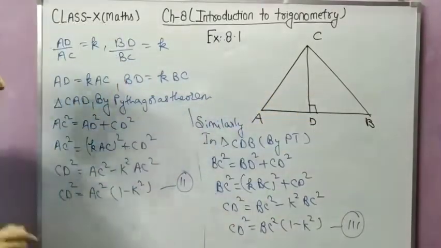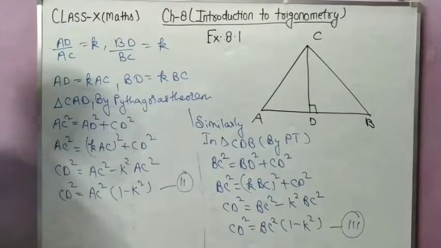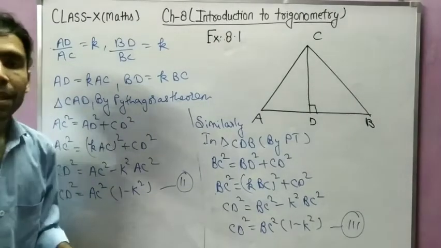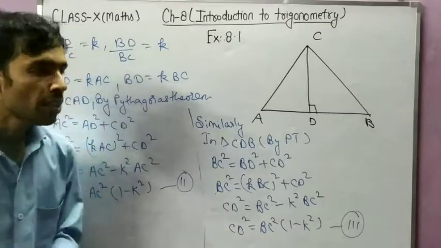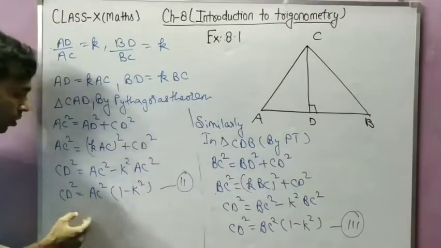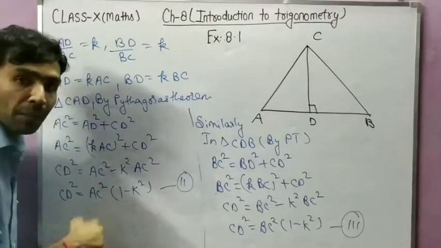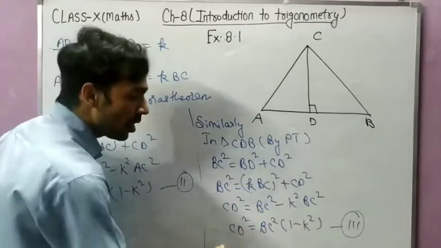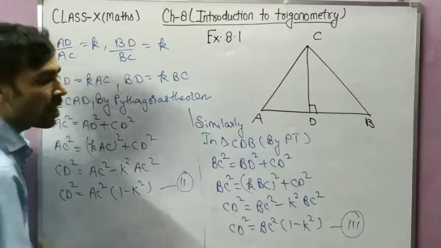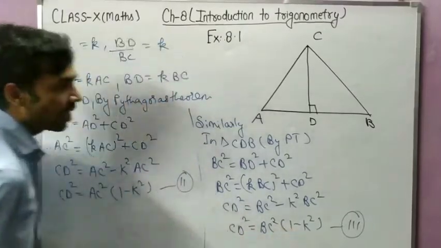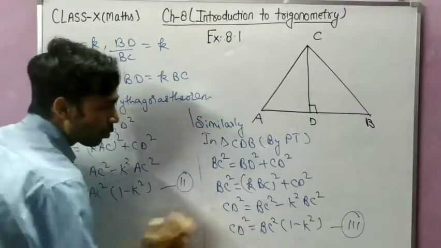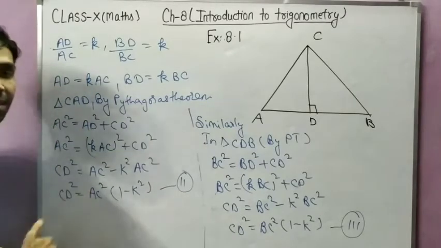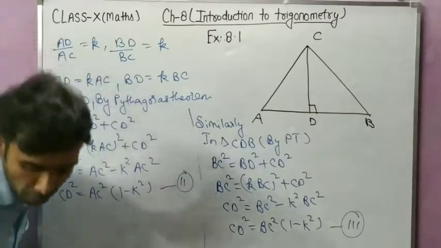Okay, so now, student, by comparing equation 2 and equation 3, we can say now, in equation 2 CD square is equal to AC square in bracket 1 minus K square, and in equation number 3 CD square equal to BC square in bracket 1 minus K square. So by comparing these two sides, if their LHS is equal, so their RHS will also be equal.